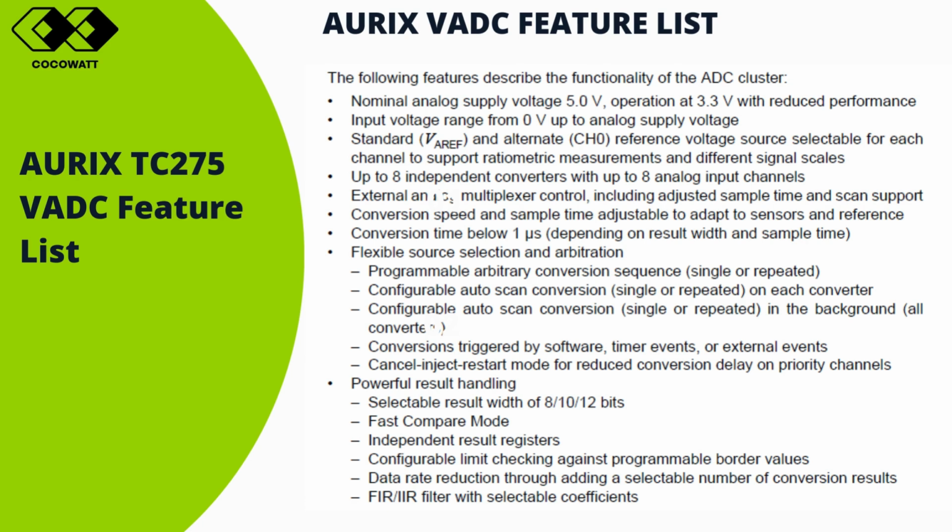And for result processing, you get selectable result widths of 8, 10 or 12 bits. Fast comparison mode for quick threshold checking, independent result registers for each channel, configurable limit checking and automatic filtering using FIR or IIR techniques.